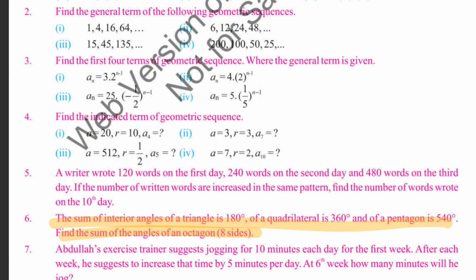It means this one is a triangle with 3 sides, here is 180 degrees. Okay. Next, a quadrilateral is 360. Quadrilateral, quadri, it means 4 sides. Here is 4 sides and the angle sum is 360.